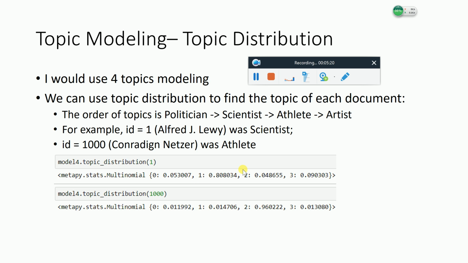So he was basically a scientist. And also, if you choose 1000, Karen Nether was an athlete because she has a higher weight in the third one, the athlete.